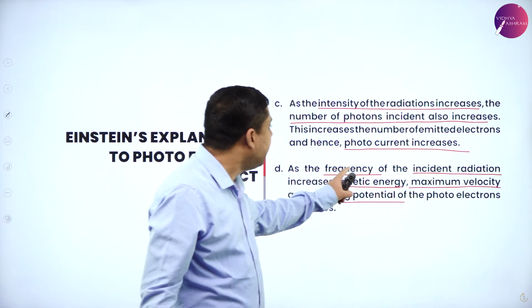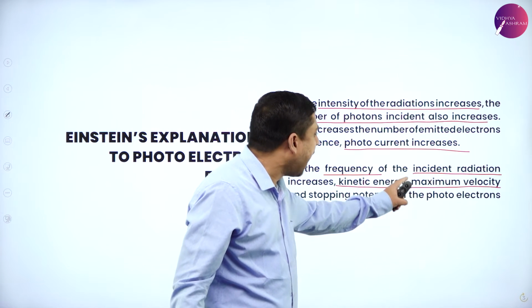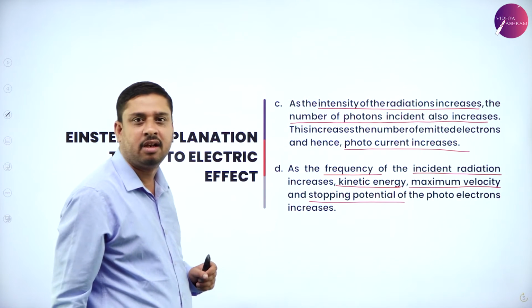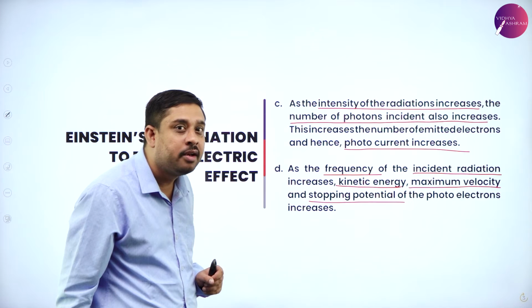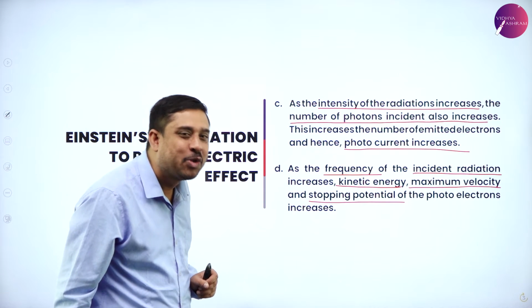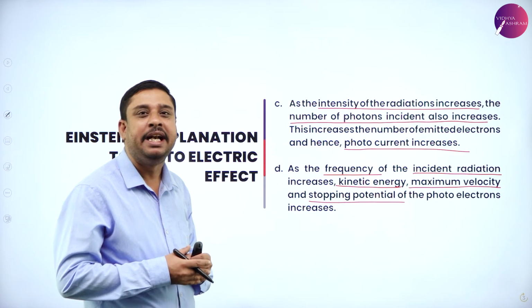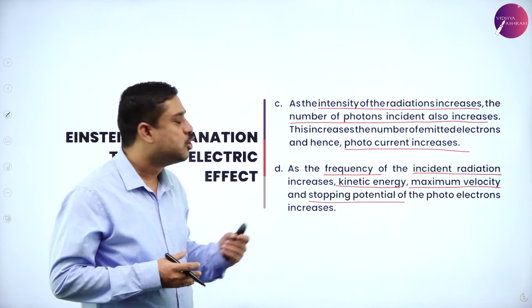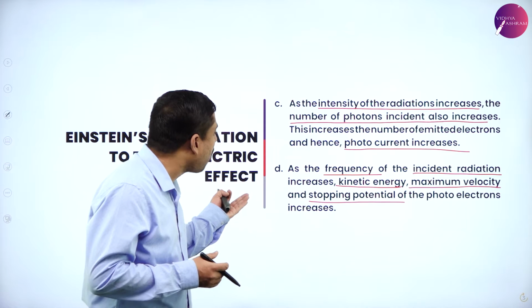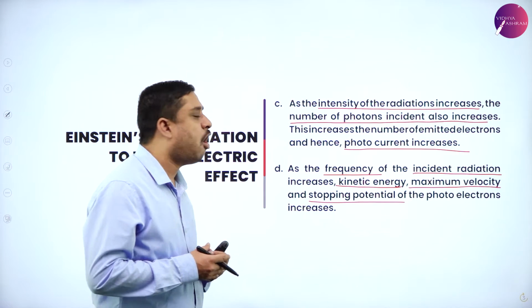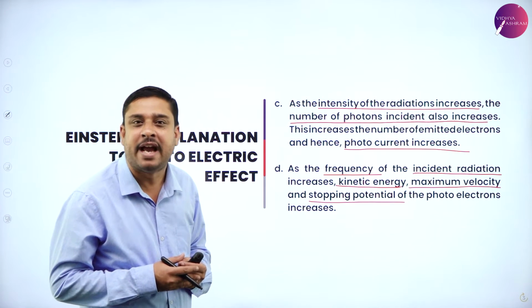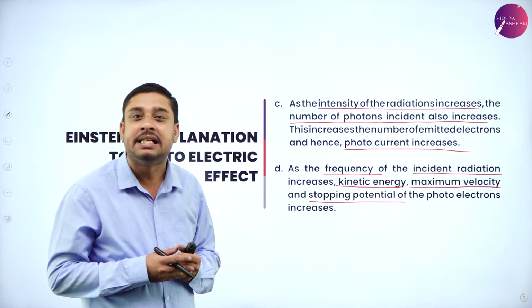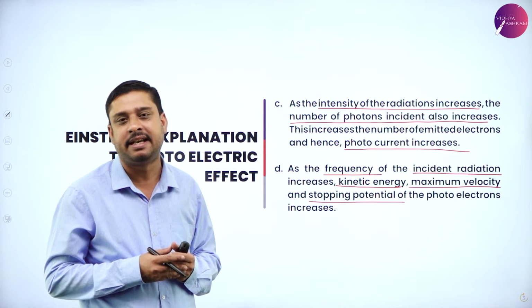So, kinetic energy, maximum velocity, and stopping potential depend upon frequency and are independent of intensity. So beautifully, the four observations of photoelectric effect are explained based on Einstein's theory.